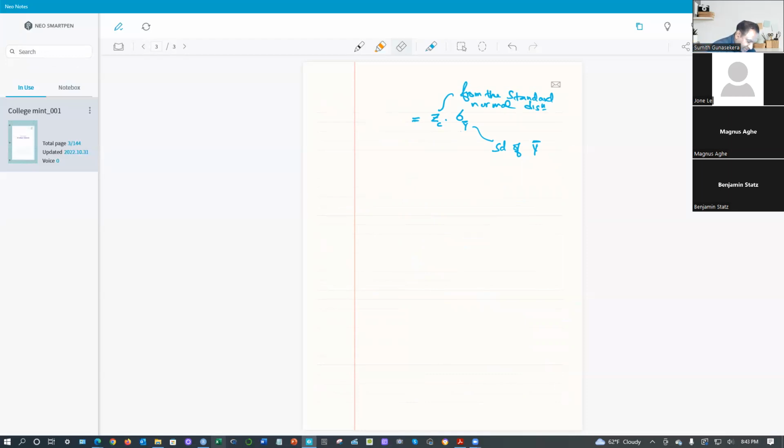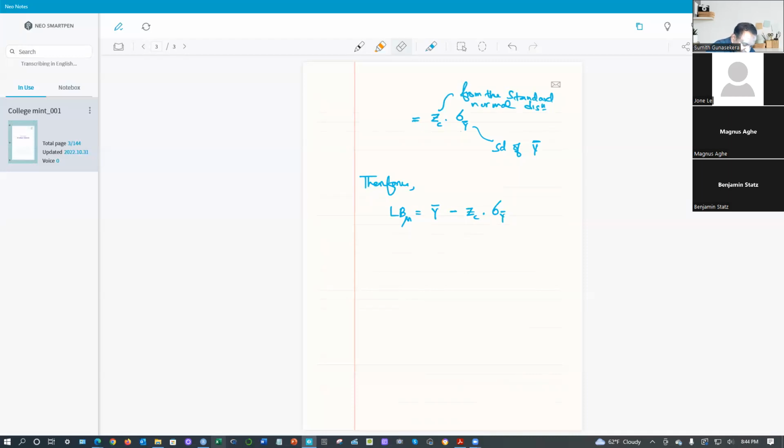Therefore, I'm going to write the lower bound of mu as y bar minus Z_C sigma y bar.